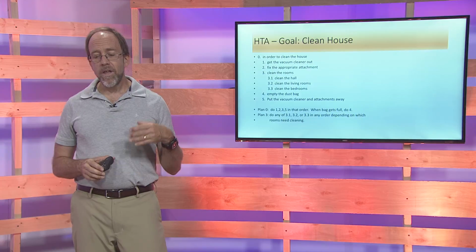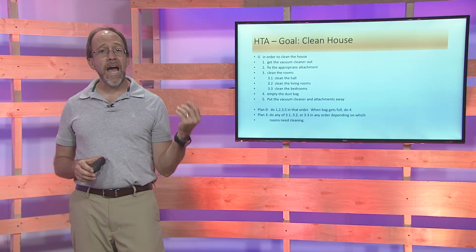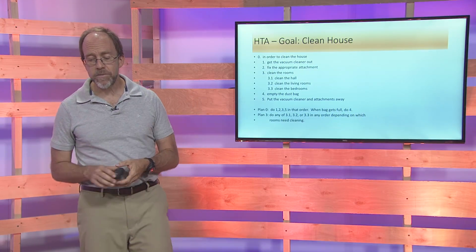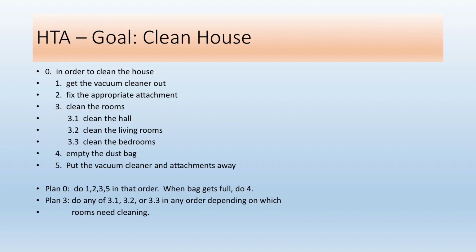If you can describe something in a hierarchy of actions, you are in essence decomposing it into tasks and subtasks. So for example, a goal of having a clean house. The task will actually be the verb of cleaning the house.